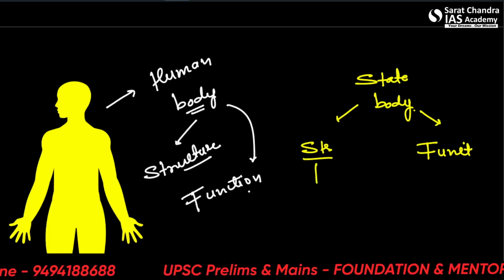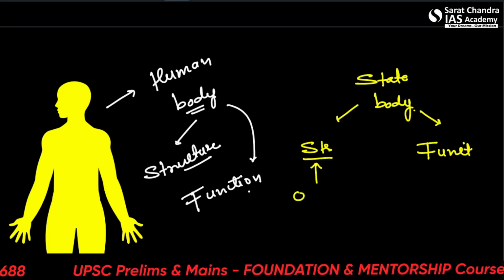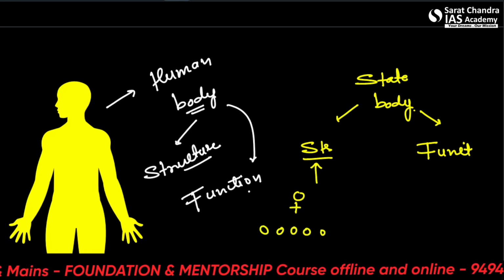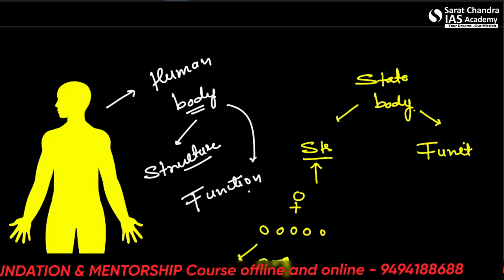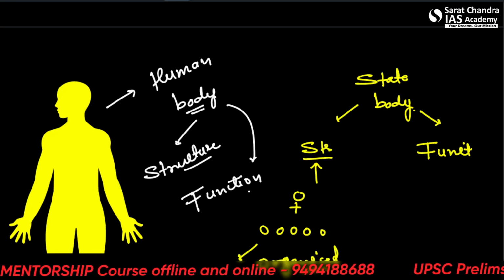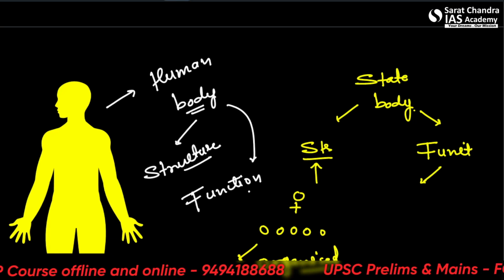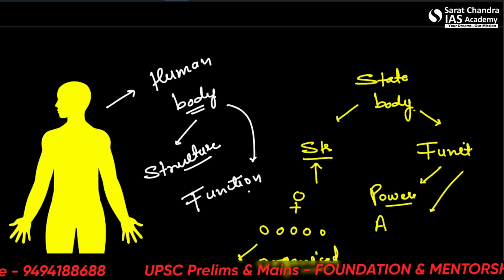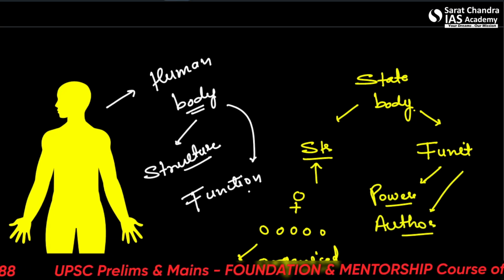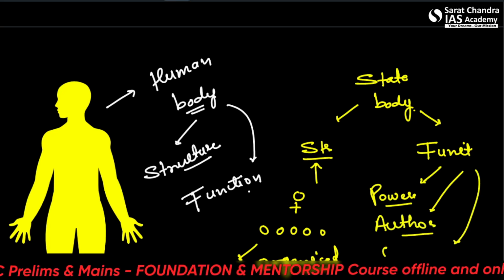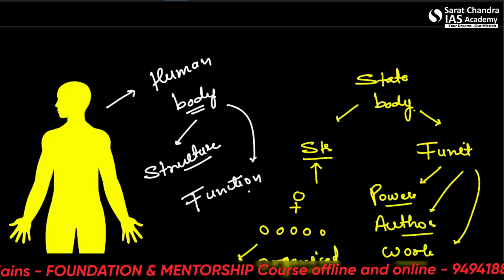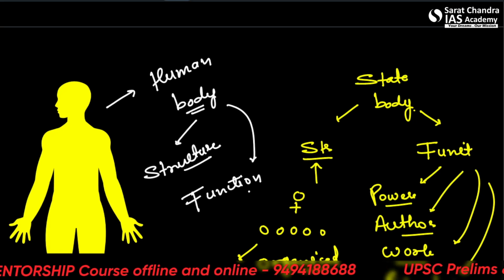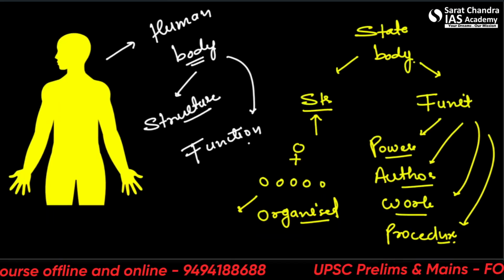Structure means what it will be composed of. Let's say it has a head, a chairman, and members. And what is its function? That means what are its powers, what are its authorities, what is it supposed to do, and how it is supposed to do that, the procedure. So all this must be given somewhere.